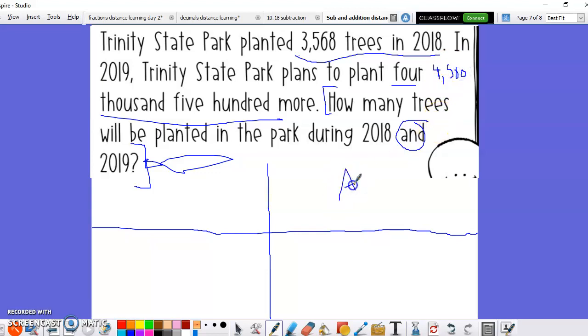I'm going to be adding. In 2018, the trees were 3,568. In 2019, they plan on planting 4,500. And I'm just going to add these two together.